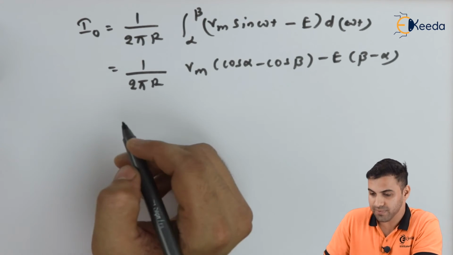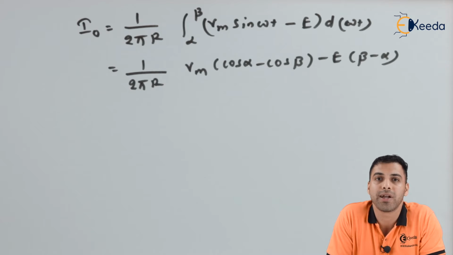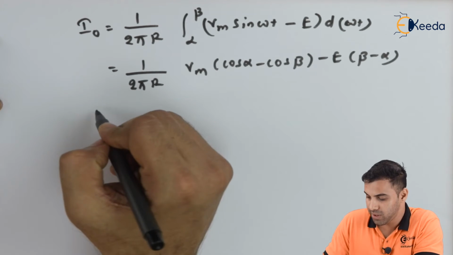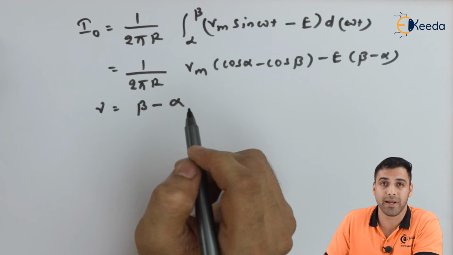Now friends, let's talk about the conduction angle. The conduction angle is equal to beta minus alpha.